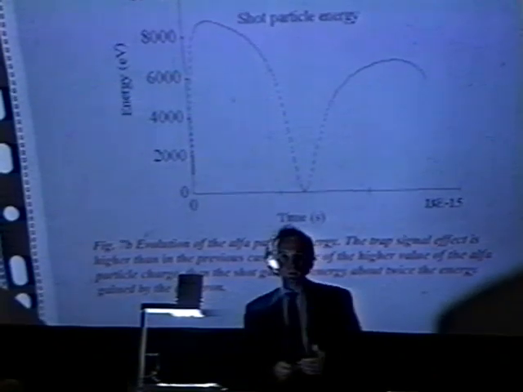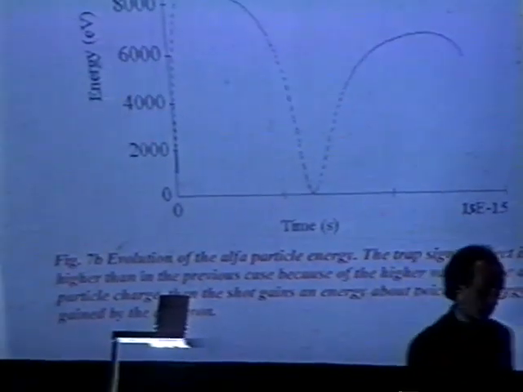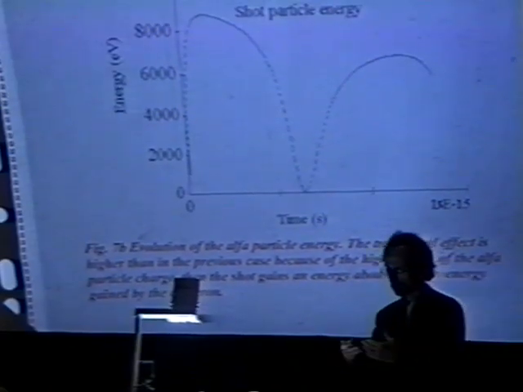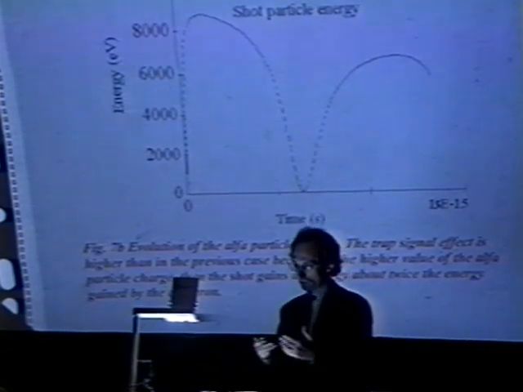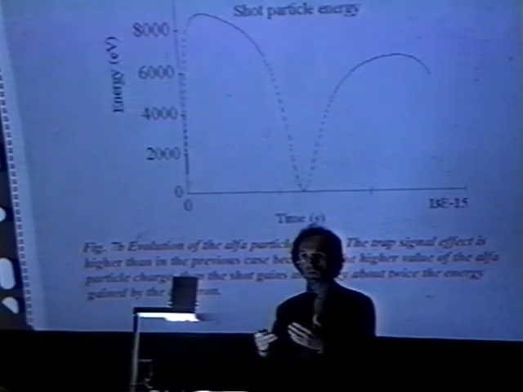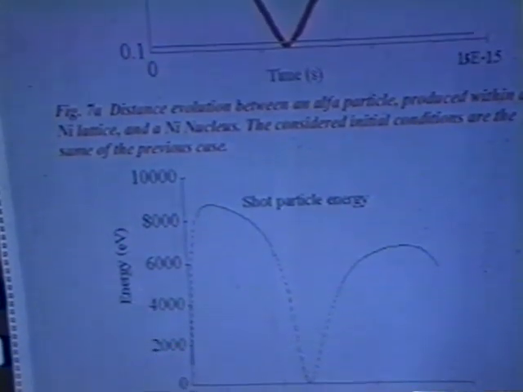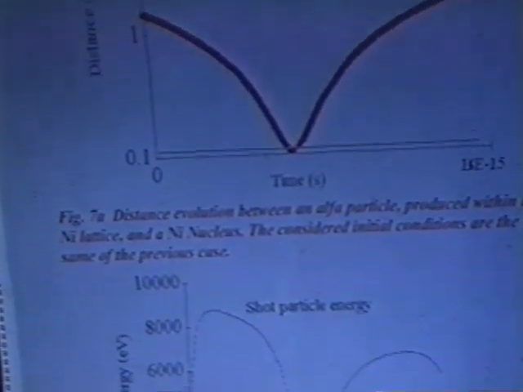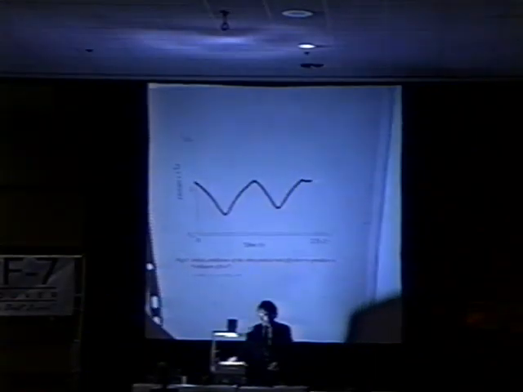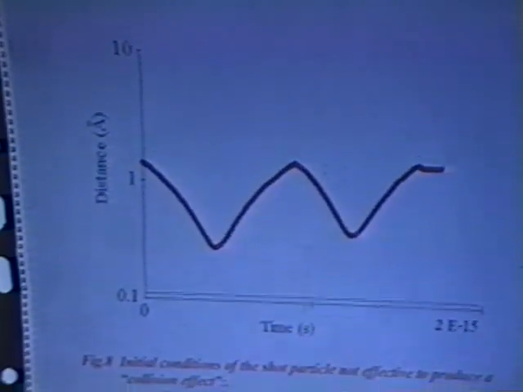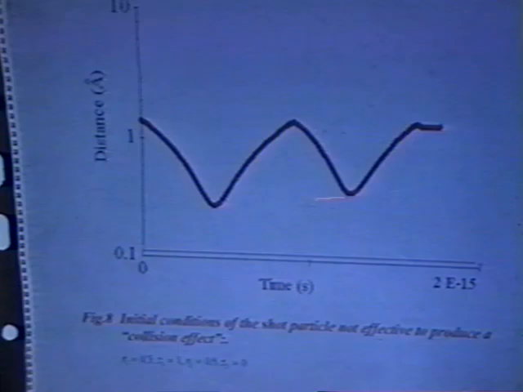So we can extrapolate such information, just to consider that for higher charged particles, we can have enough energy to produce itself. When the boundary conditions are not good enough, we don't have collision at all, like in this case.